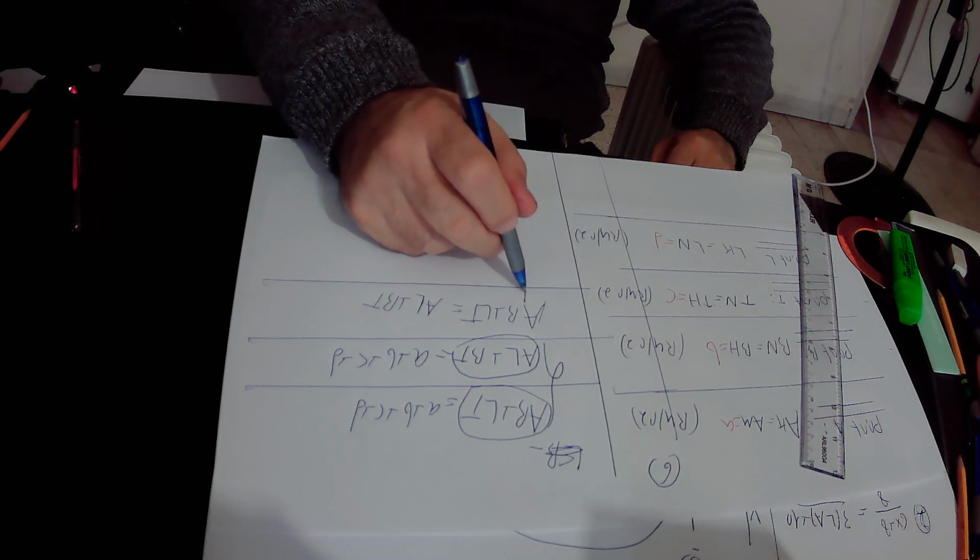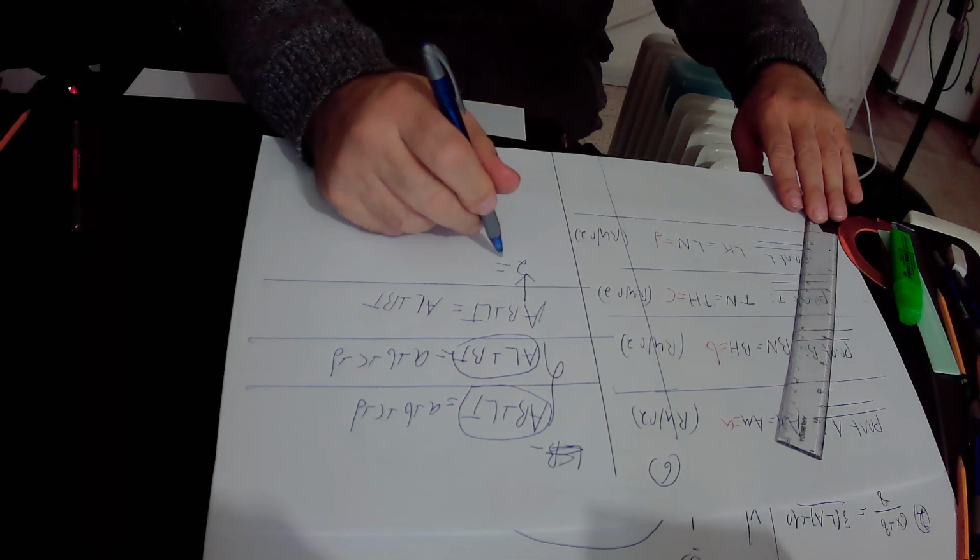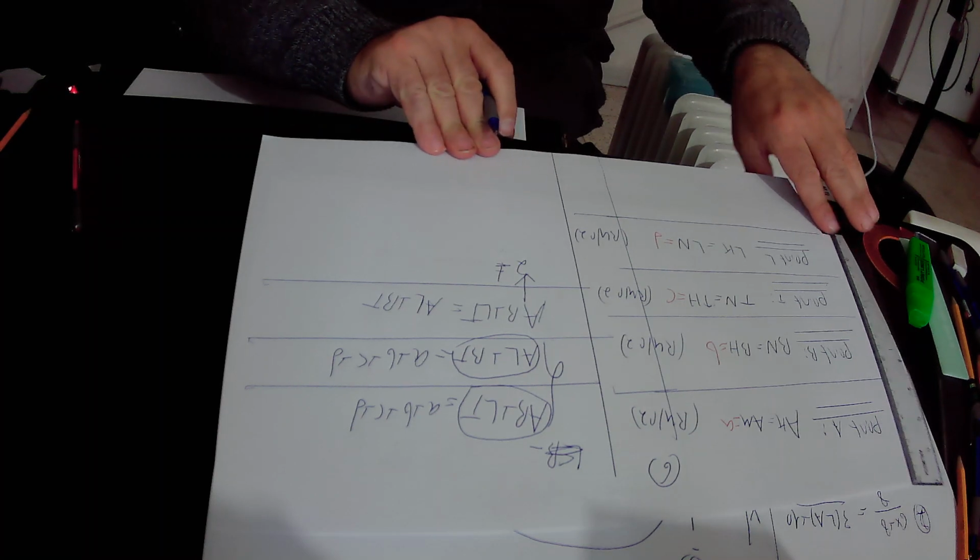AB is 2, so we substitute AB by 2, plus LT.